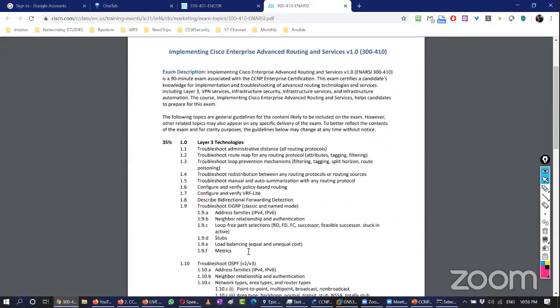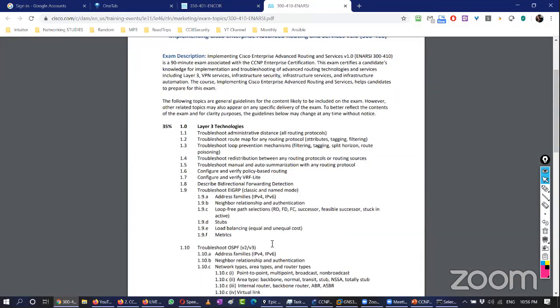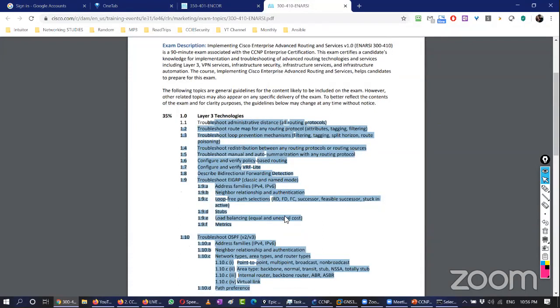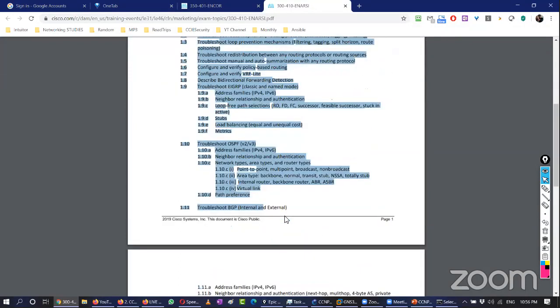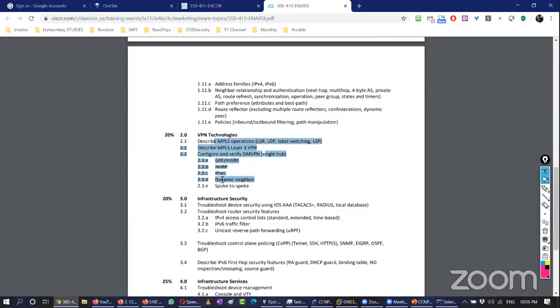And these are all advanced routing. You will have EIGRP, OSPF, BGP detailed. Okay, you have some VPN technologies which need lab and packet flow information. There are infrastructure services, there are security topics.